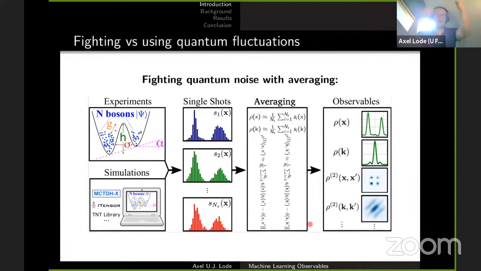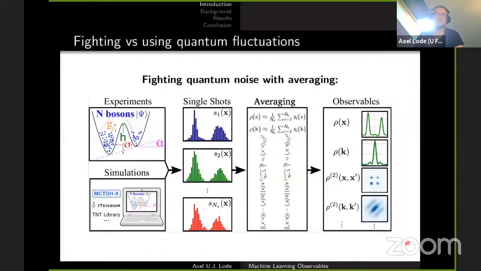They extract that via averaging many images, and all the fluctuations that you get in these single-shot images, which are projective measurements of a many-body state, are averaged out. They are not used, they are averaged out.